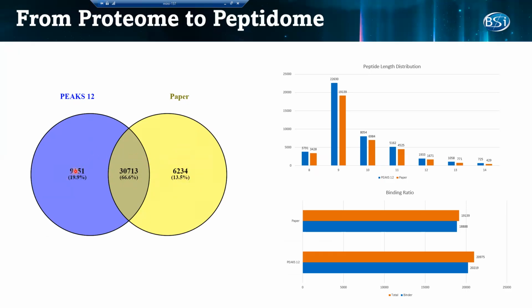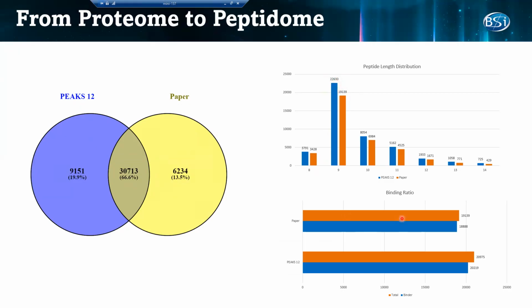So for this part, how can we know this is the correct result? We can do 2 comparisons. The first one is the peptide length distribution. You can see that both our results have a distribution that fits the HLA-I peptides. And also, PEAKS reports more peptides in the NIMA here. This is our expectation, since we know that for most HLA peptides, the peptide length is 9.